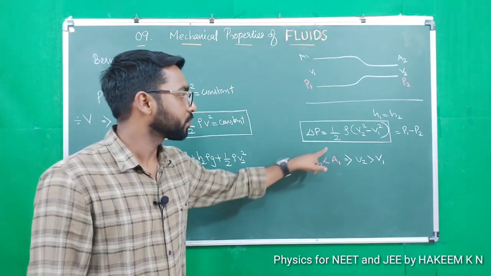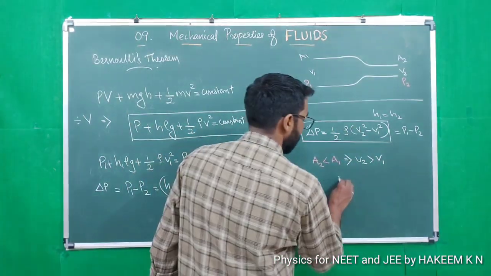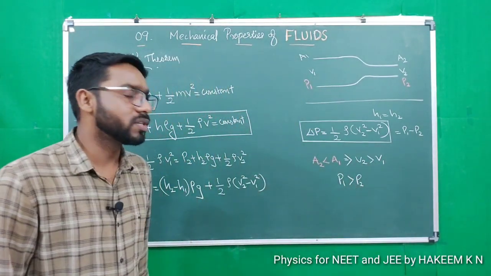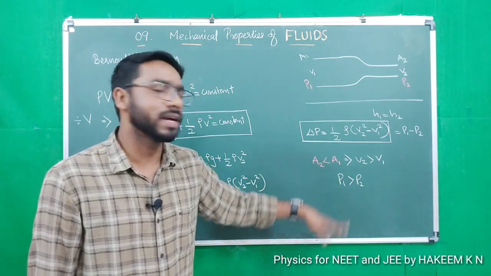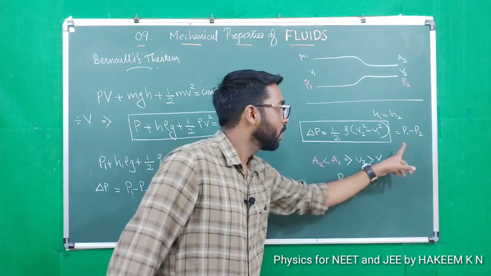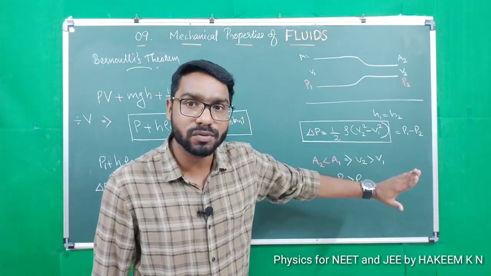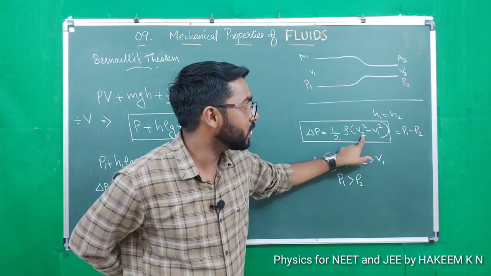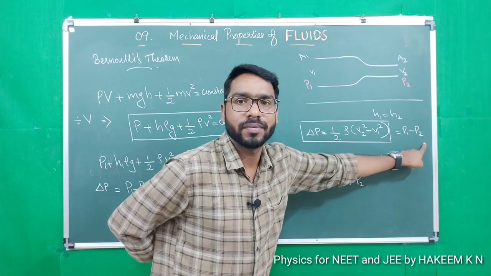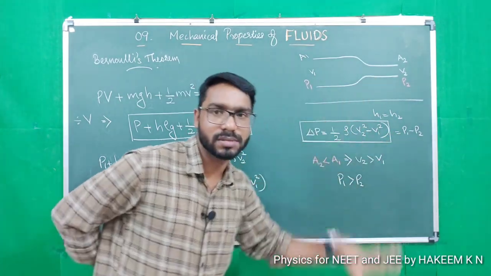Can you say? Yes, P1 is maximum. P1 is greater than P2. How? Here we are writing P1 minus P2 equal to half rho into v2 square minus v1 square. When V2 is greater than V1, P1 should be greater than P2. To make V2 greater, A2 should be smaller.